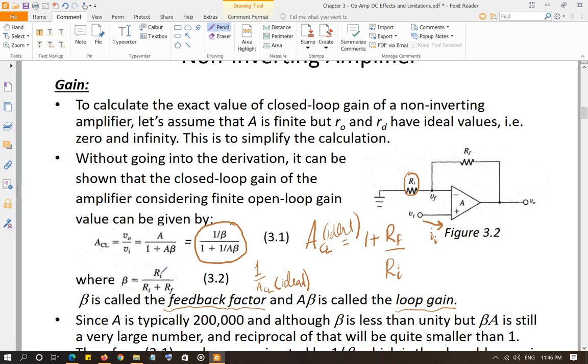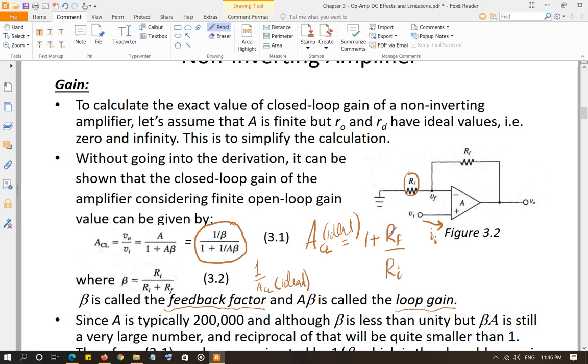So beta is of course less than 1. Sorry, I keep calling it R input. It's not input resistance, it's just Ri. It is not the input resistance of the non-inverting amplifier. So Ri divided by Ri plus Rf is of course less than 1 based on the gain.